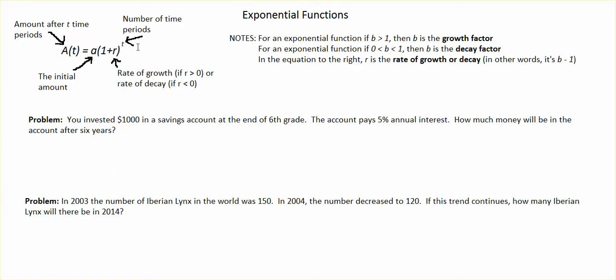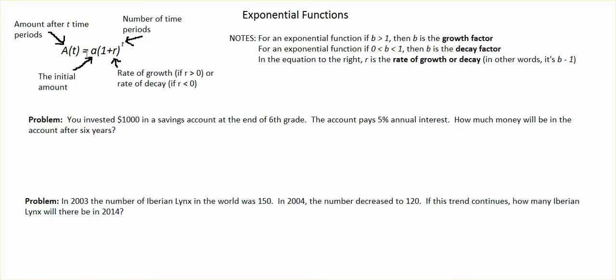And in our model over here, the B value that was in our previous exponential function is now what is in parentheses here, 1 plus R, where R is not our growth or decay factor, it is our growth or decay rate. How fast is our population growing or our money growing, or how fast is it decaying or decreasing over time? Okay, so let's take a look at using this model here.